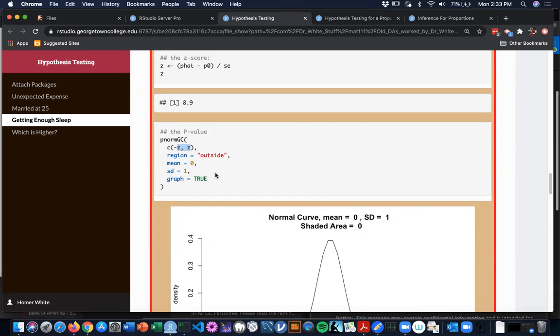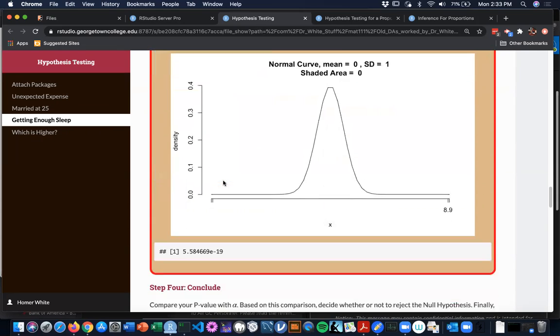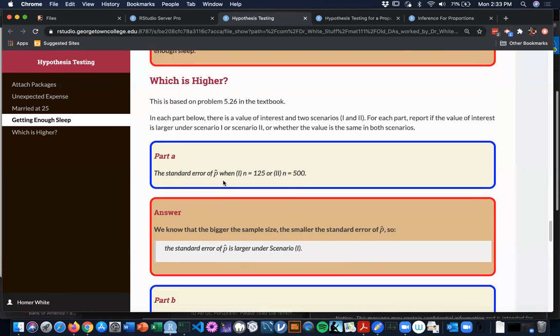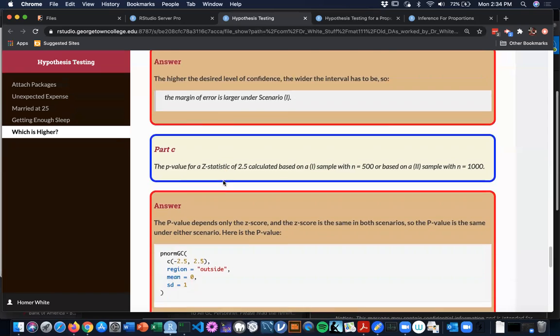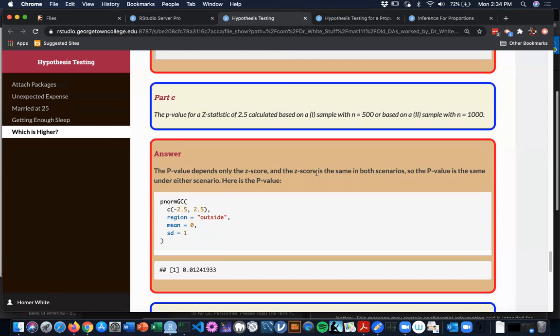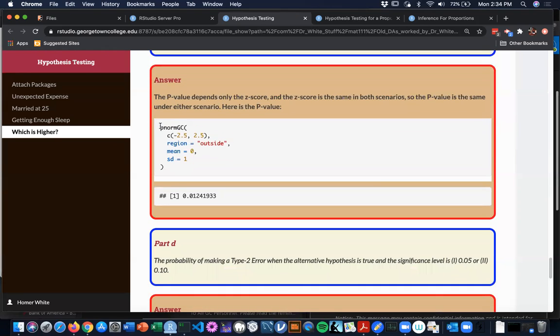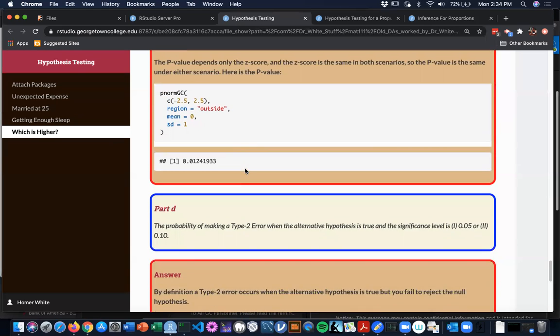It doesn't depend on the sample size directly. It only depends on the z statistic, and that was 2.5 in both scenarios. So I'm going to have to say that the p-value is the same in both scenarios. I can even calculate what it is. It's about 1.2%.